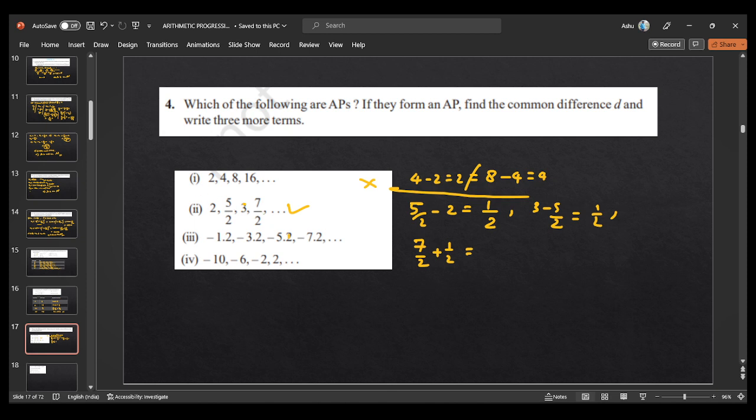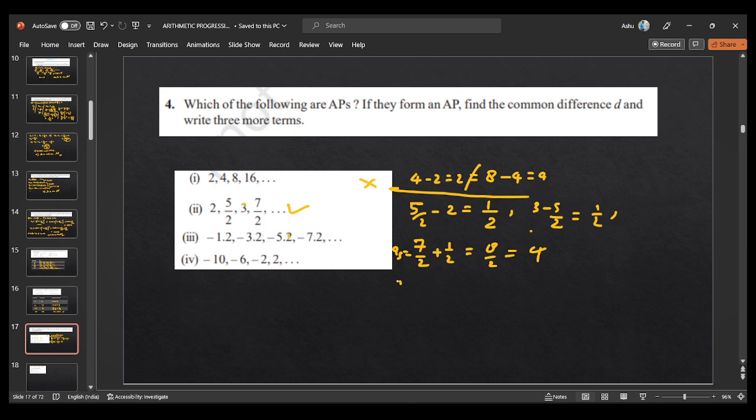This will be a5. a5 will be 7 plus 1, 8 by 2, that means 4.